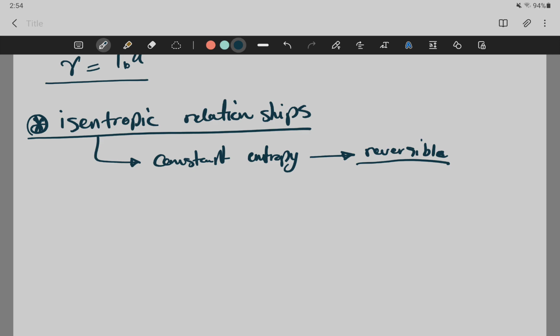And the second part of an isentropic process is that it is adiabatic. What does adiabatic mean? The heat transfer is 0, right? Your system can do work on the environment, or you can do work on the system, but there is no heat transfer to the system.